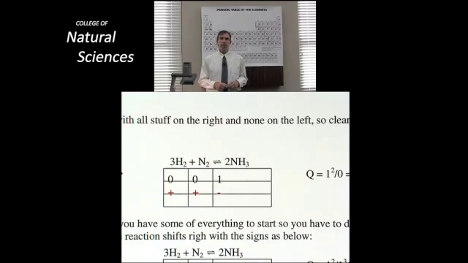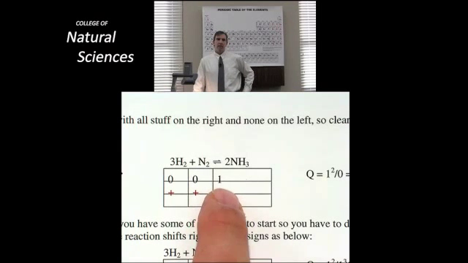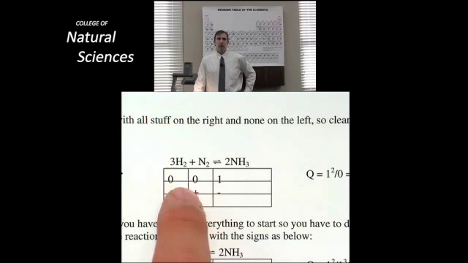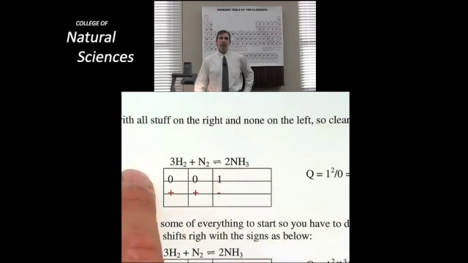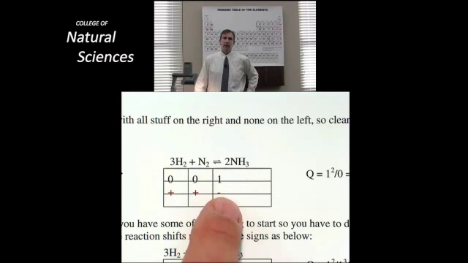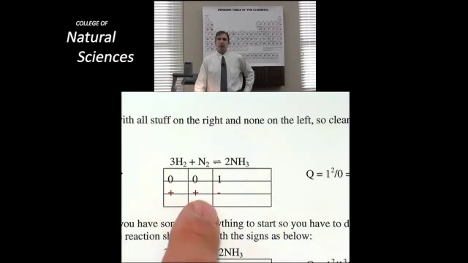Well, let's look at another example, where we start with everything on the right-hand side, all ammonia in this case and no hydrogen or nitrogen. Once again, we don't really have to do any mathematical calculations to figure out the answer. There's only one way this reaction can shift, and that is to the left, which means that the ammonia has to go down and the hydrogen and the nitrogen have to go up.